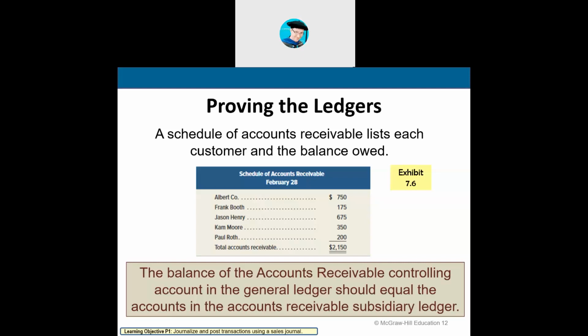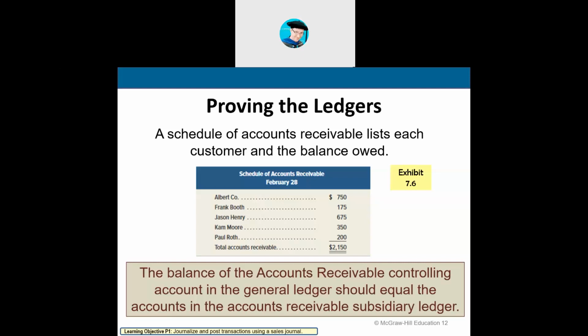So from this list, I have 5 individual companies or individuals that owe the company money from sales that we made to them. And I total up all of those individual accounts to get my total accounts receivable. That balance should be reflected in the general ledger and equal to those accounts.